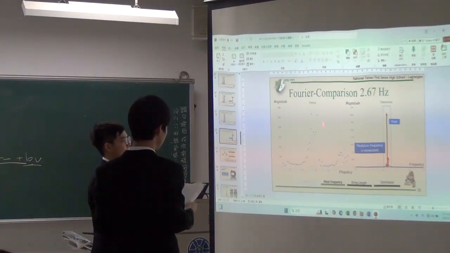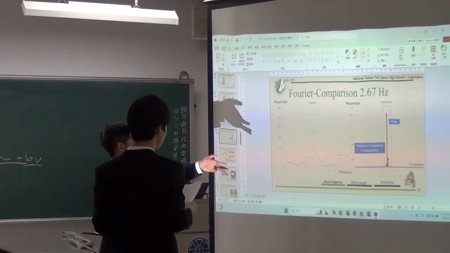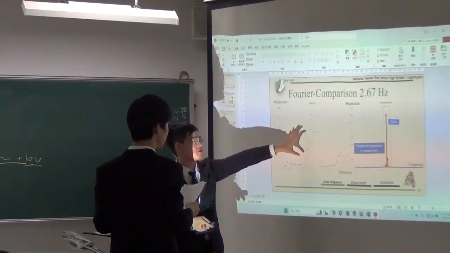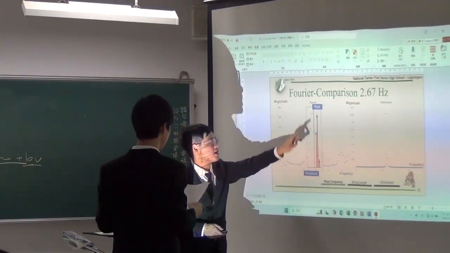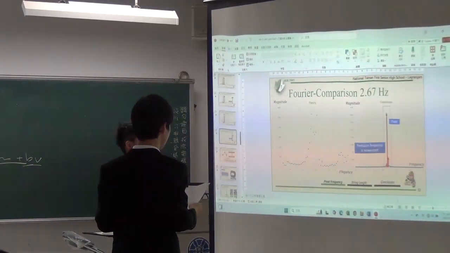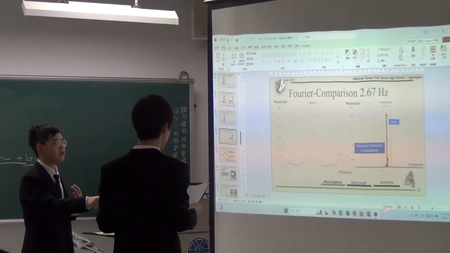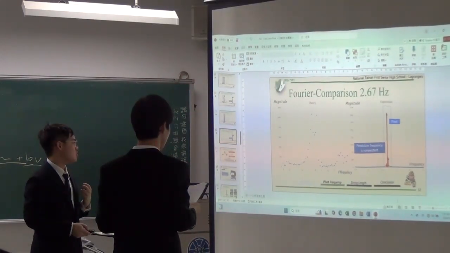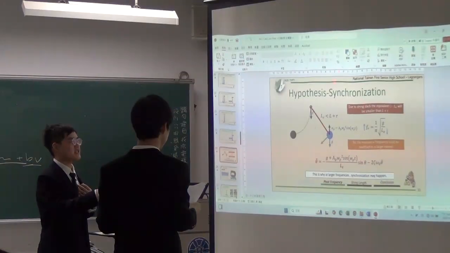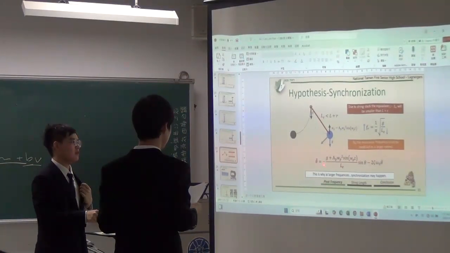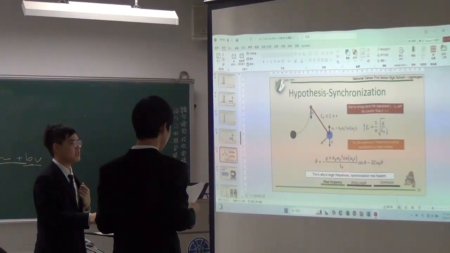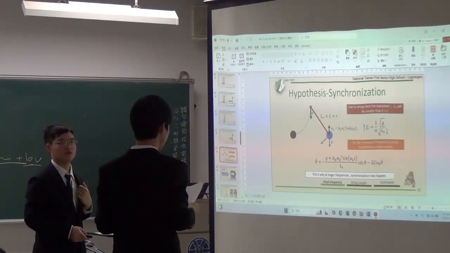However, from the theory we should have a pendulum frequency and a pivot frequency, but in the experiment only the pivot frequency exists. So I assume that synchronization is happening, meaning that the effective L will be synchronized to the G to make it the same frequency as the oscillation.